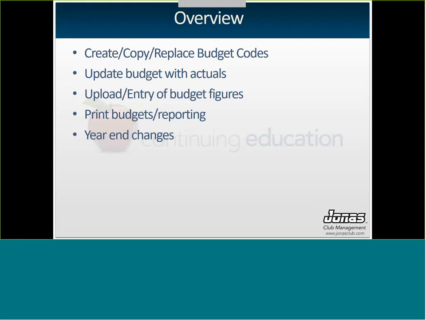What we'll also talk about is, once you have your budgeting information in the system, how to print that information and how to report on it, so how to include budgets in both your financial statements and your custom reports. Lastly, because the budget codes exist with 1 fiscal year worth of data, we'll talk about what to do at year-end to make sure that all of your reports stay current.